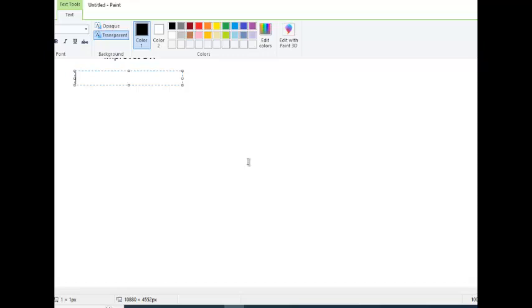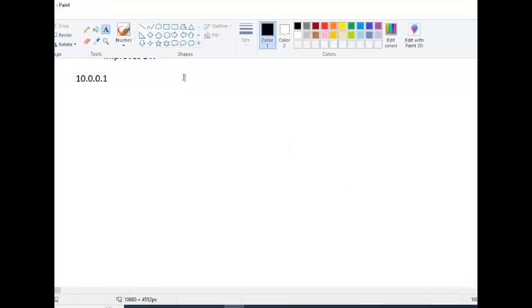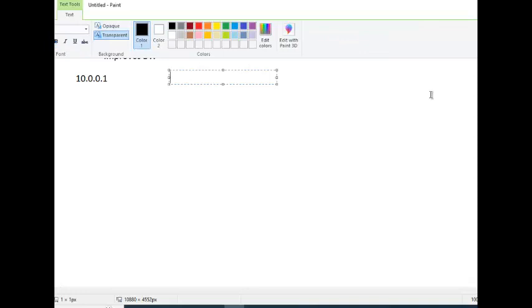Before that, we need to know that every network has got a broadcast ID and subnet mask. For example, when I say 10.0.0.1, and if I don't mention subnet mask, what is the meaning? The meaning is this belongs to class A, by default /8.